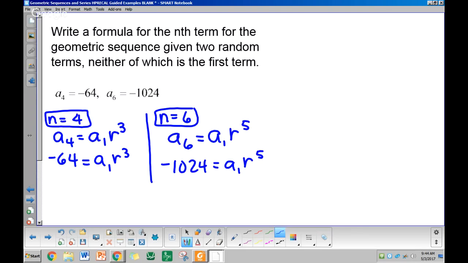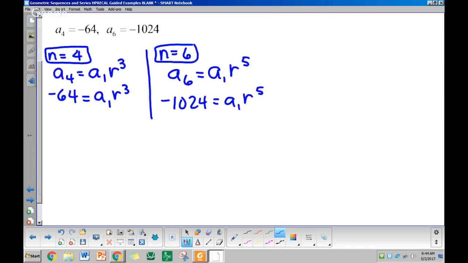So we can either use substitution, which I think is okay, but I like to divide these two equations, because what happens if I divide? The A sub 1s are going to cancel out, aren't they? So I like to solve these systems by dividing. And there's an easy way to divide and a more difficult way.